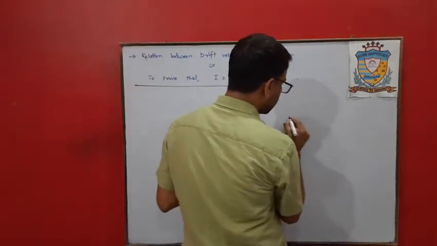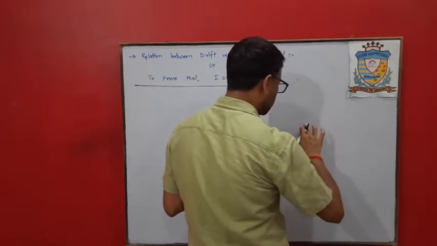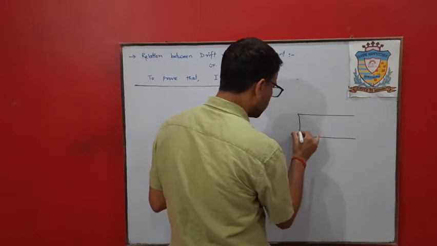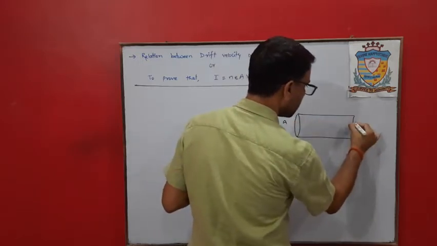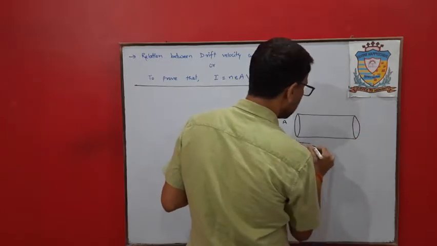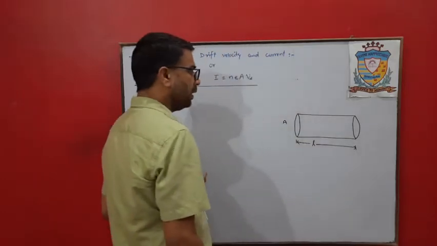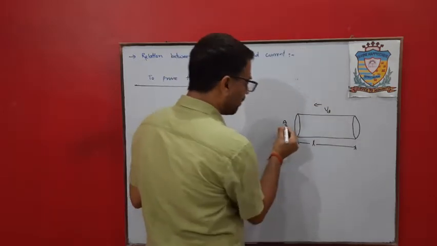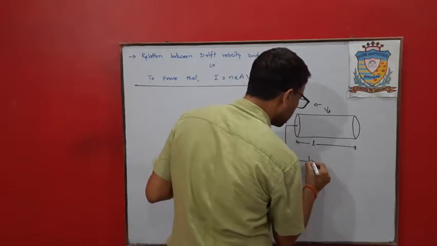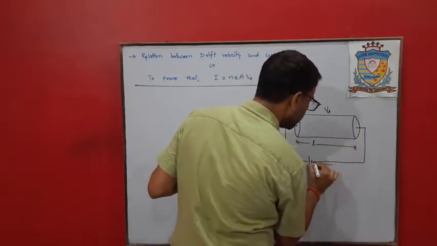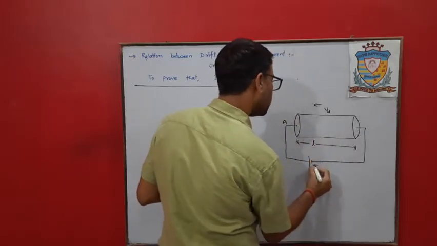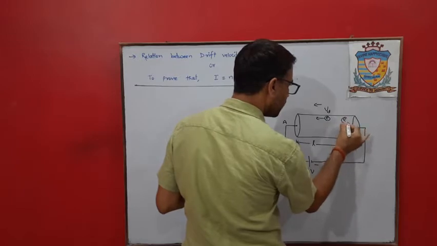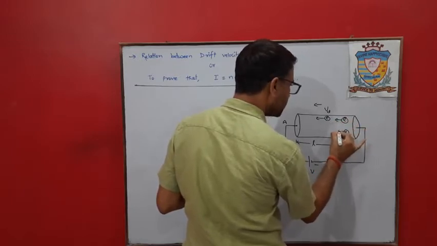So for that purpose, let us first assume we have a conductor of area of cross section A having length L. Let all the electrons, after applying potential at its ends, move with average velocity, that is Vd.